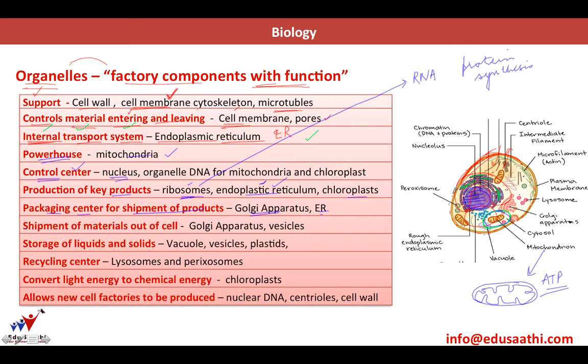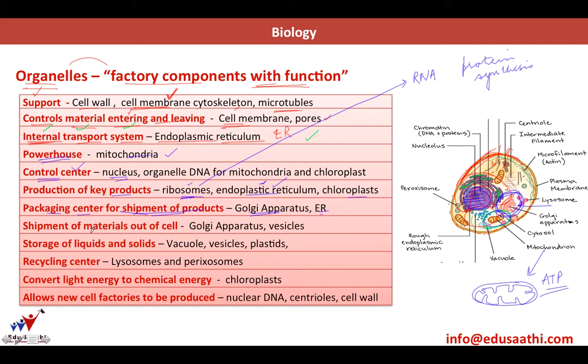So all the storing, packaging of the material which has been produced is done in Golgi apparatus. This is what it looks like. It is also involved in the synthesis of cell wall, plasma membrane, and lysosomes.